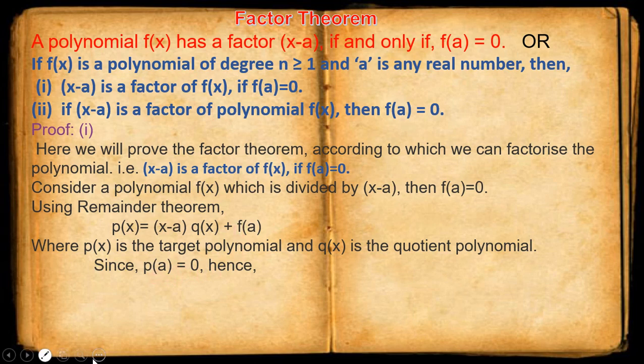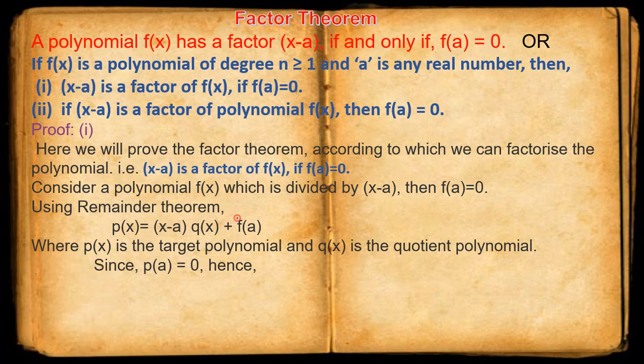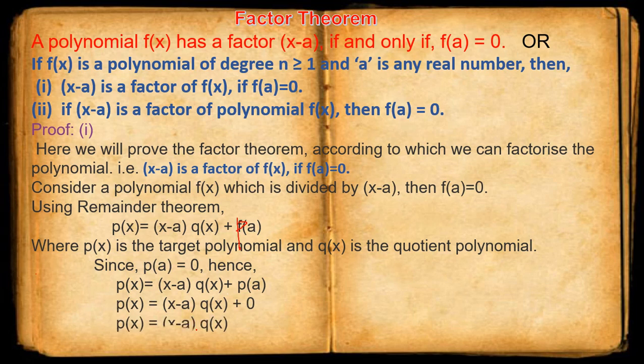Now here, as we have defined the polynomial in terms of p of x, we write p of a. So here we can put the value p of a is equal to 0, then we get p of x is equal to x minus a into q of x plus 0. That means p of x is x minus a into q of x.